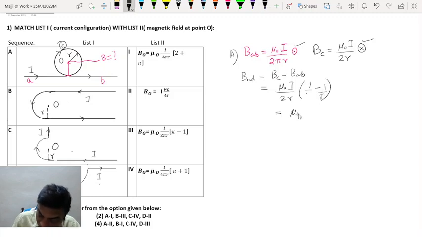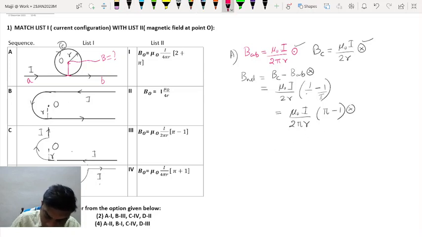So we have mu 0 I by 2 pi r into pi minus 1, and the net will be in the direction of the bigger one. The bigger one is along the inward normal.